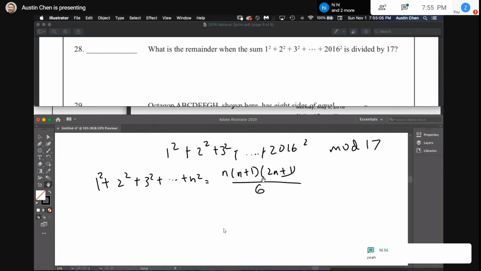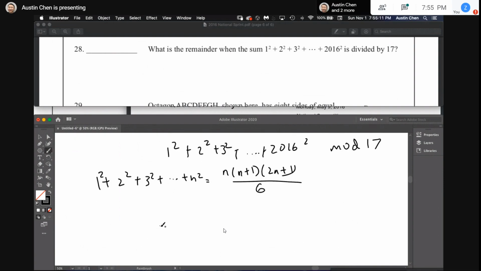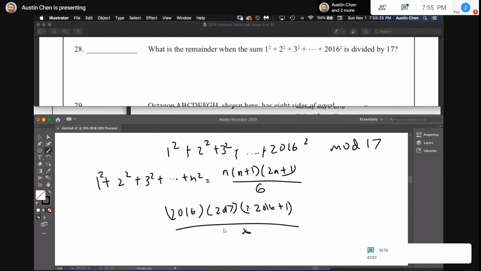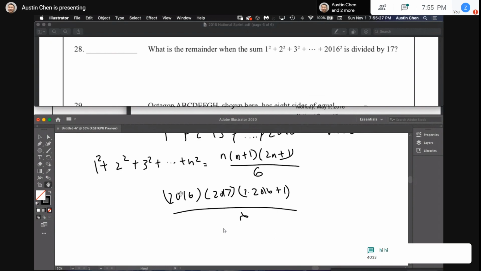So this is really good in our mod problem, right? Because looking at this mod 17 is really easy. So this will be 2016 times 2017 times 2 times 2016 plus 1, over 6. We actually don't need to expand this.